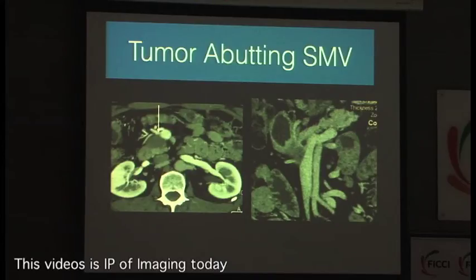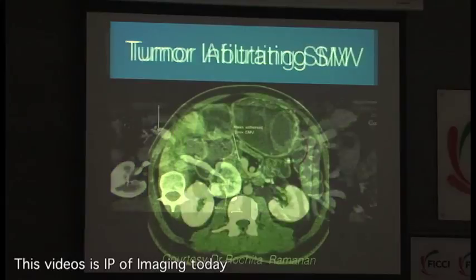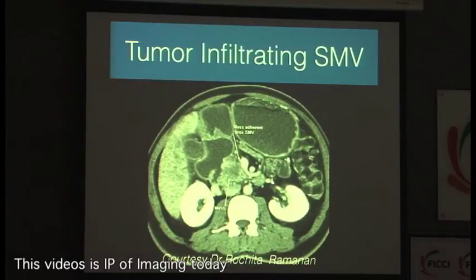So it depends a lot on the expertise of your surgeon and how much experience he's had putting in vein grafts. And that is what he's going to do. He's going to remove a portion of the vein and he's going to put in a graft there. Now tumor infiltrating the SMV. This scan was sent by a friend of mine as a joke a long time back, but I'm still using it for my talk.